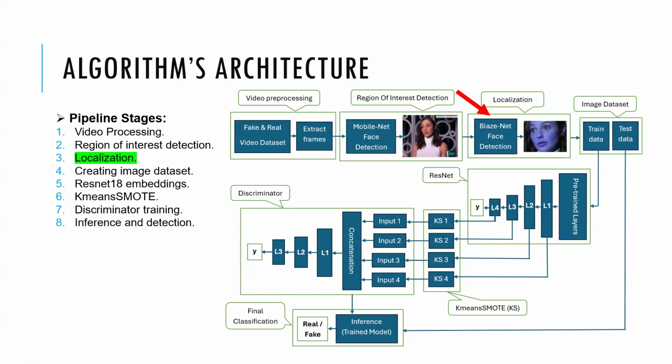Then we perform localization to only focus on the faces that we want to train our algorithm on. By focusing on the image itself, we can effectively train our algorithm.